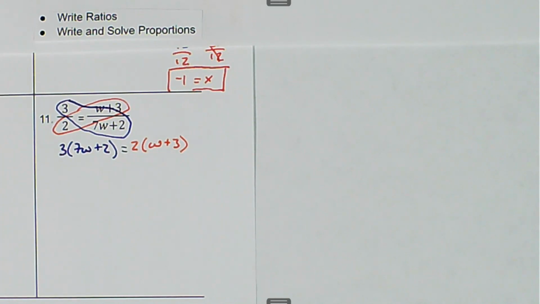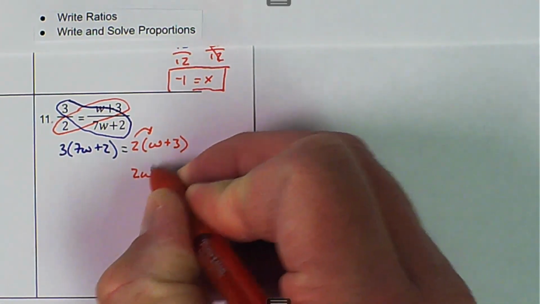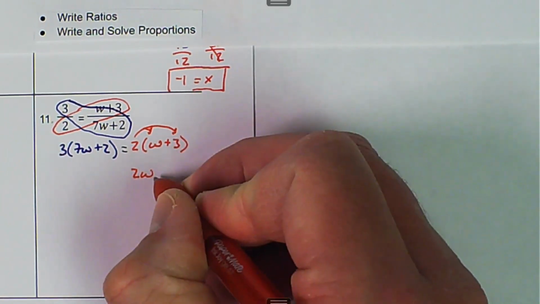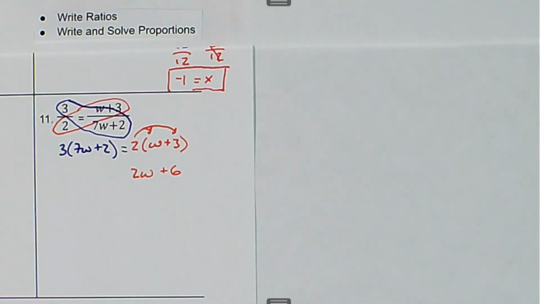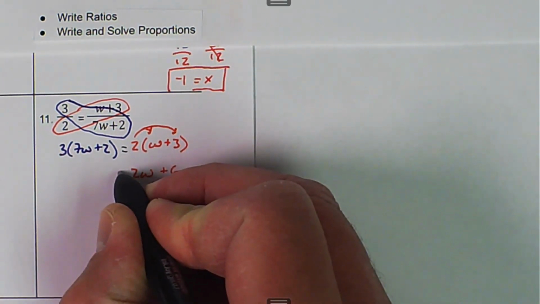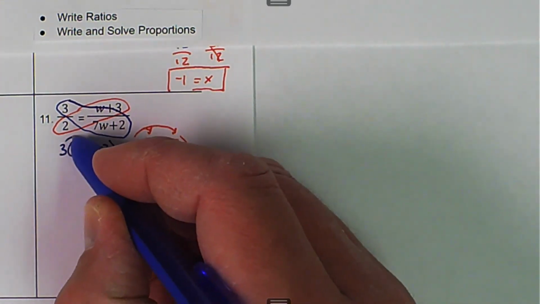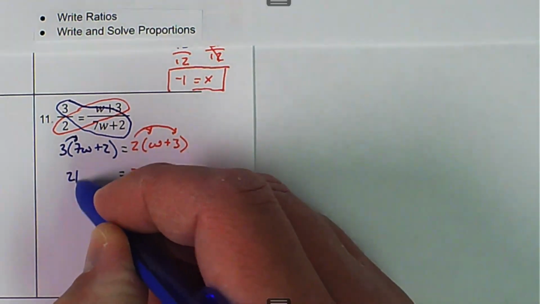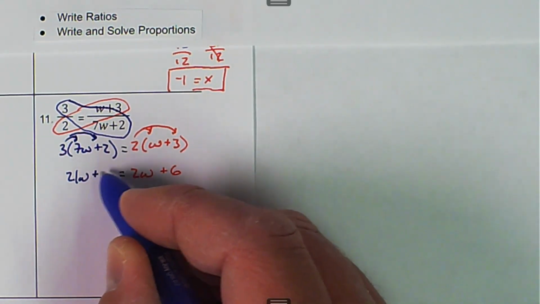So same thing, we will distribute. So 2 times w is 2w, and 2 times 3 is 6. And that is going to be equal to 3 times w is 21w, and 3 times 2 is 6.